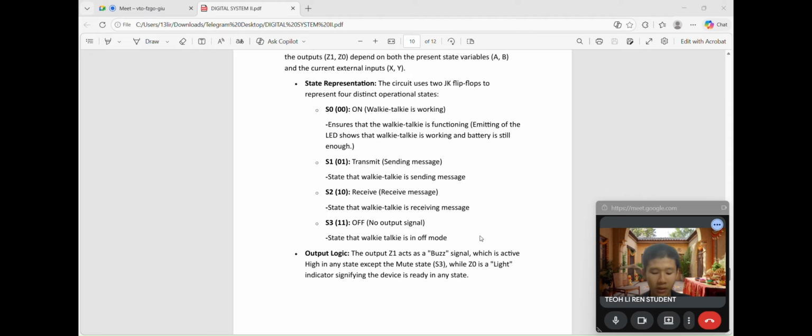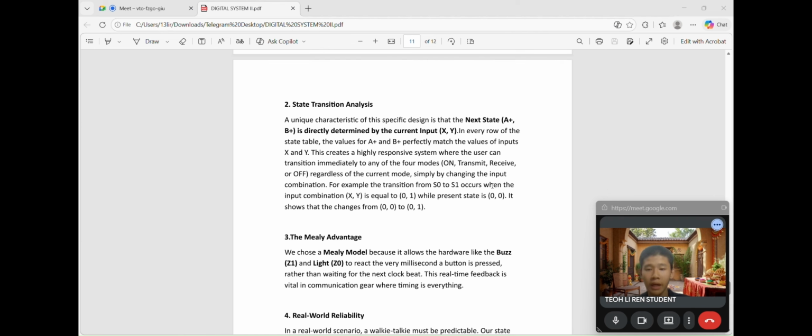And Z0, the dedicated light output, confirms the internal hardware is ready for signal processing across all modes. The most vital and significant point in the state transition analysis is this sentence: the next state, A plus B plus, is directly determined by the current input XY. That means the next state is directly affected by the 2-bit current input X and Y.